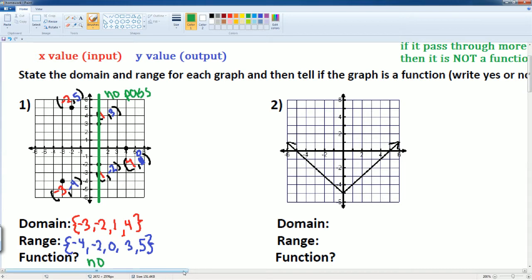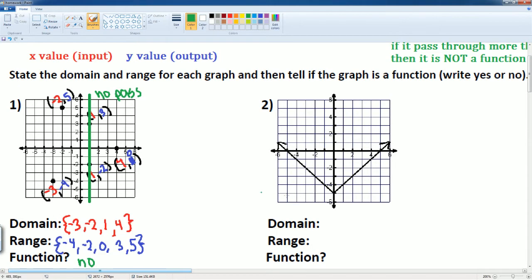Now let's take a look at number 2. Number 2, we can try to list all the points out here, but this is continuous. So we can still look at all our x values here. This is made up of so many points of x's right here, and it goes all the way to the -infinity, because notice there's an arrow here.